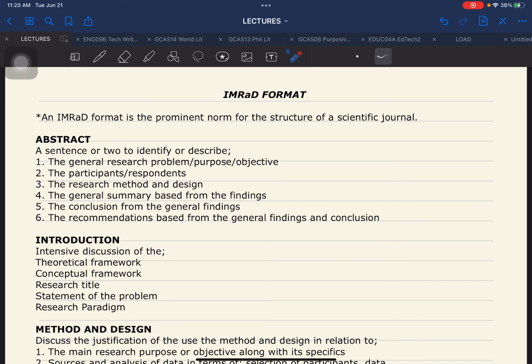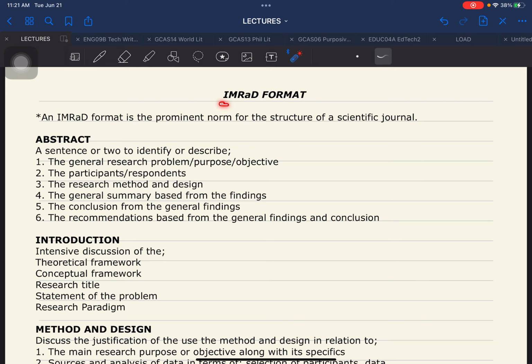Okay, which is not the case. So these formats were created depending on the purpose where you will be using the output or the manuscript of your study. In this case, an Imrad format is the prominent norm for the structure of a scientific journal.